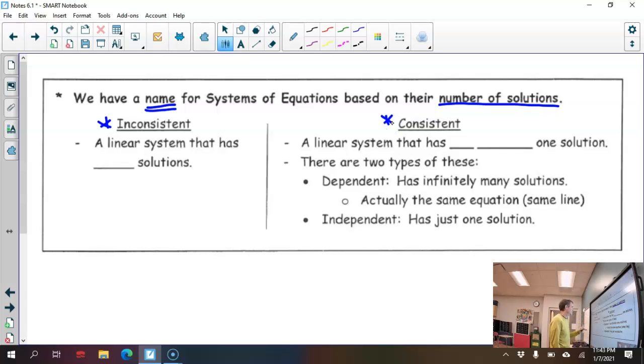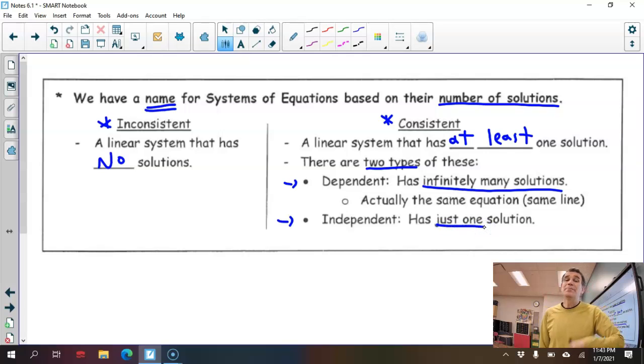An inconsistent system is a linear system that has no solutions, where a consistent system is a linear system that has at least one solution. And there are two types of these, dependent and independent. Dependent has infinitely many solutions, where an independent has just one.